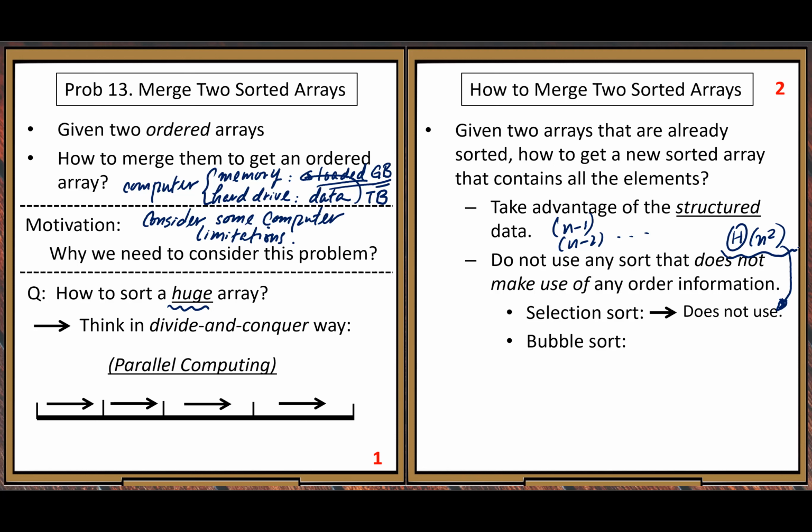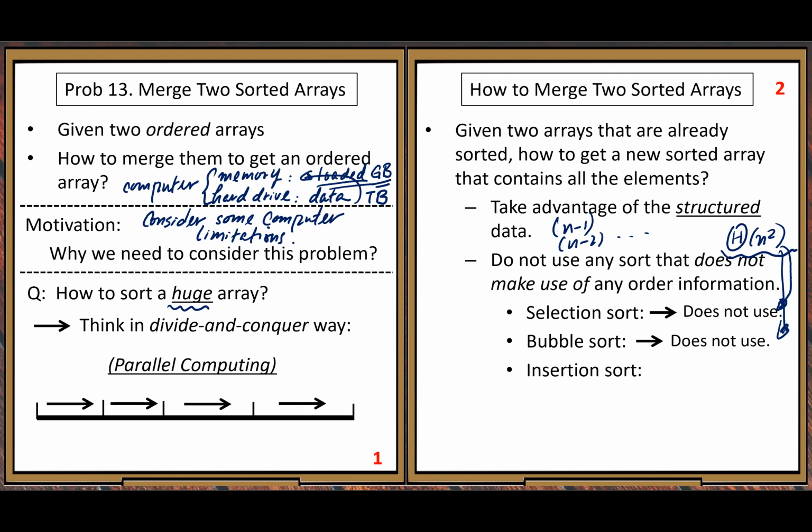All right, bubble sort. If the array is already ordered, it is still big theta of n squared. It doesn't help, for the same reason as selection sort. But insertion sort, as we learned last time, is different.